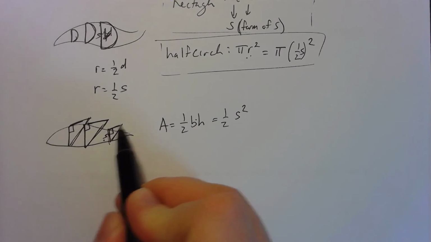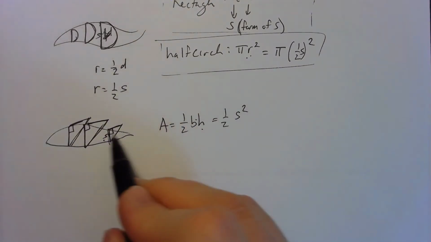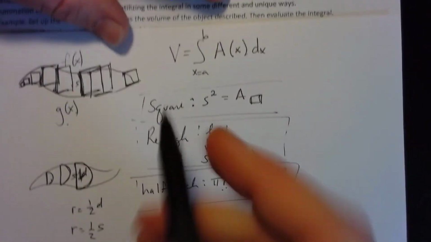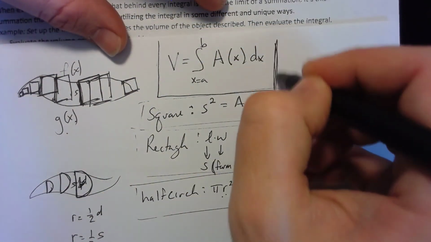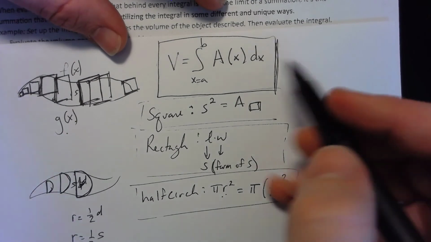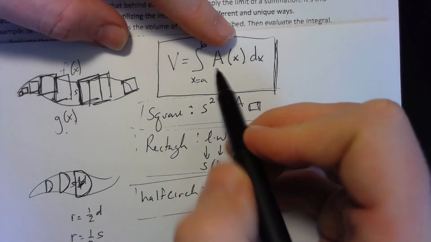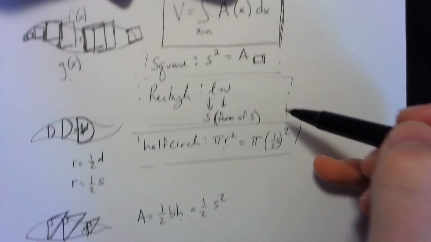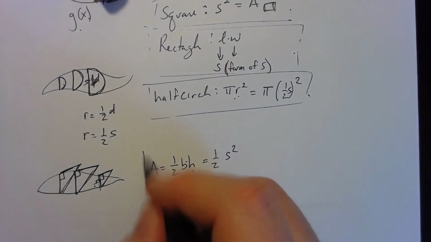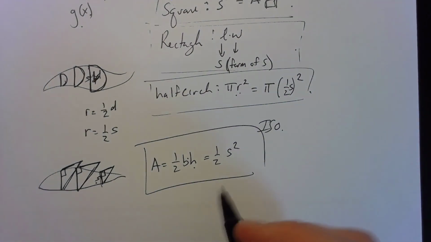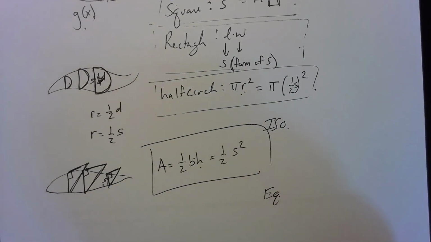And then this height here is also going to end up being s because this is an isosceles triangle. So the idea, one more time, is that we are going to evaluate the volume of an object by evaluating the area of a function with respect to x by using squares, rectangles, half circles, isosceles triangles, or we might have some equilateral triangles that we'll look at in another video.